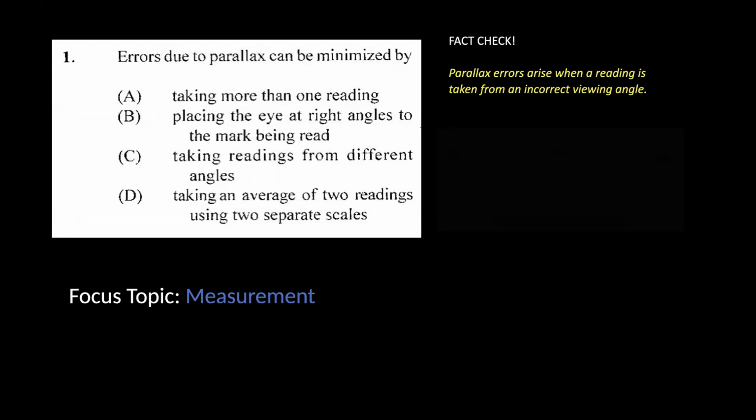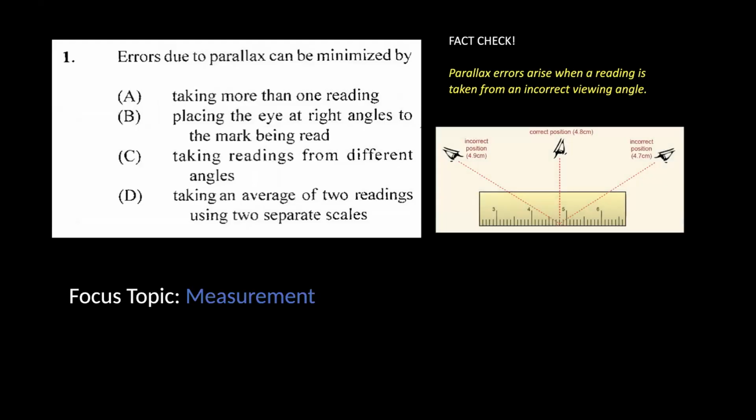So therefore, the correct answer would be to place your eye at right angles so that you have the correct mark being read. So you can see an illustration, and you would see that your eye should be at right angles to the mark that is being read there.